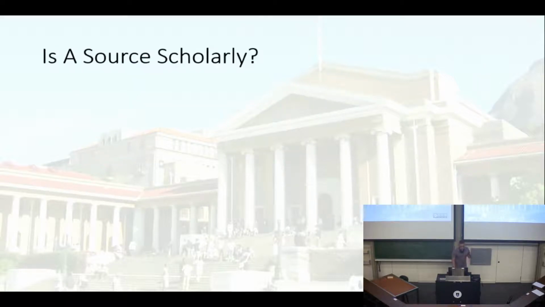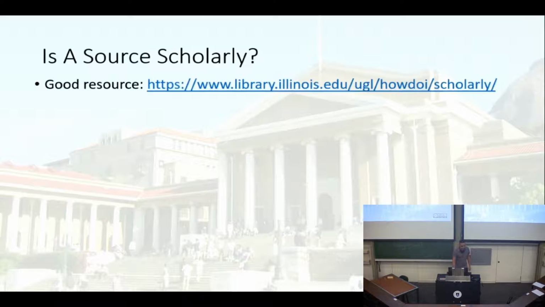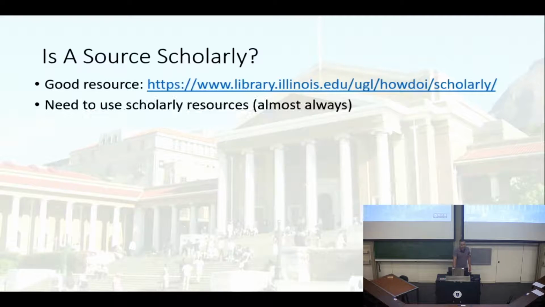Okay, how do you find out if a source is scholarly? Well, look over there. That's a good resource. You need to use scholarly resources. So scholarly resources are resources written and peer-reviewed by credible journals or books. And sometimes there are some exceptions, obviously.